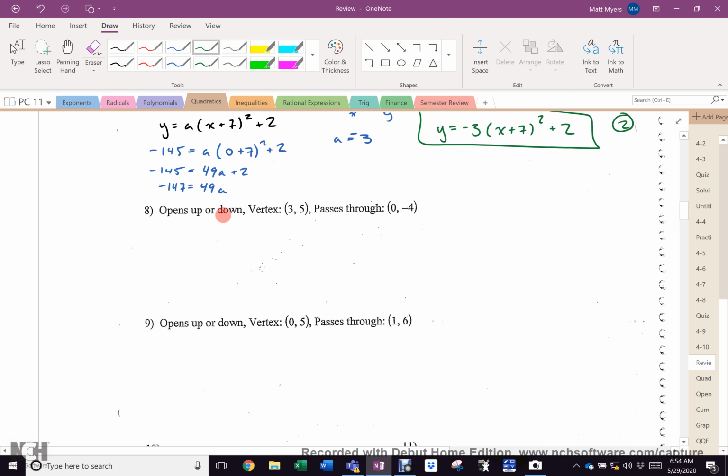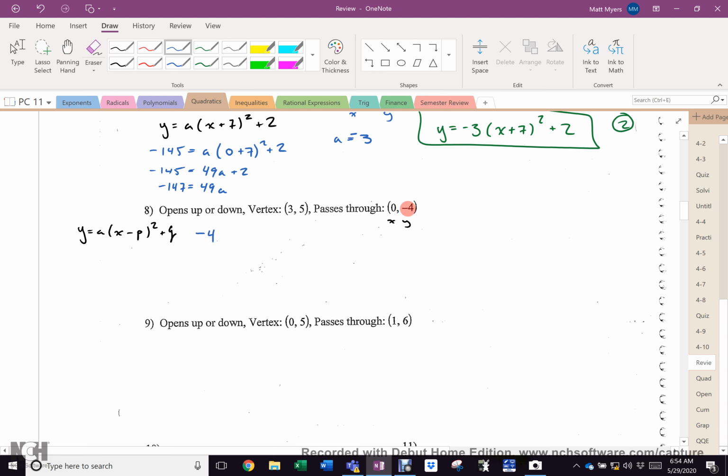Opens up or down. Ooh, that's kind of weird, but we'll come back to that in a minute. We remember we are starting with y equals a(x minus p) squared plus q. I have a vertex, I have an x, I have a y. So all I do, again, is fill it in. Y, not y, idiot head.